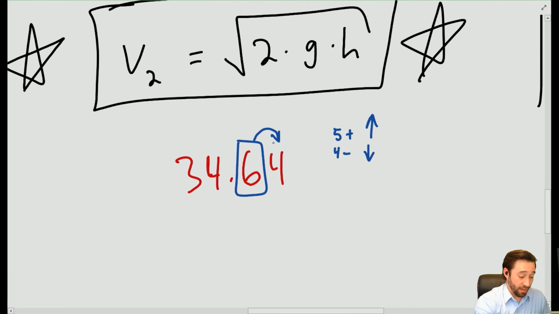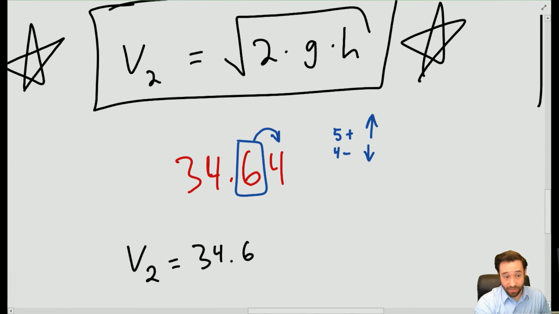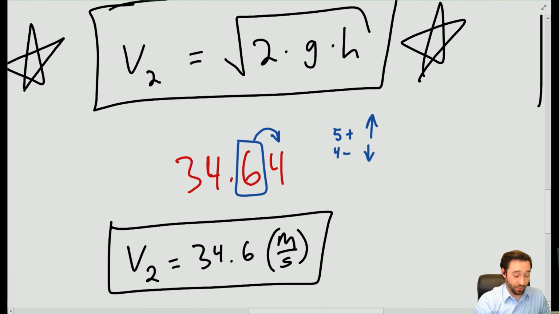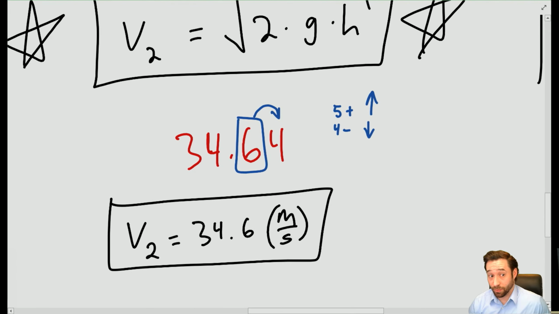And this is a value of 4, so that means that I round down. So my final answer is going to be 34.6, and that's my velocity at state 2. And the velocity is going to be in units of meters over seconds. So that is the final answer for velocity at state 2.